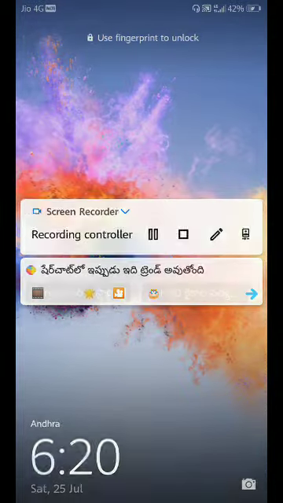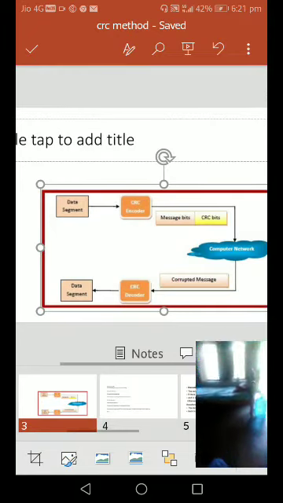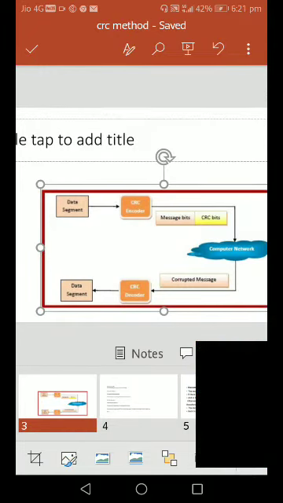The data bit will be accepted or rejected.